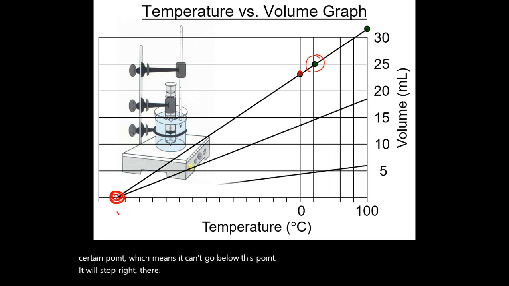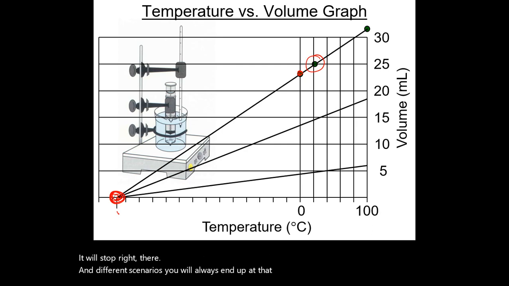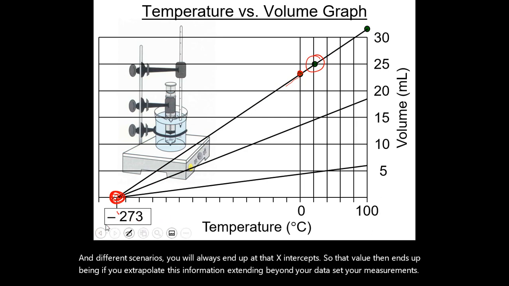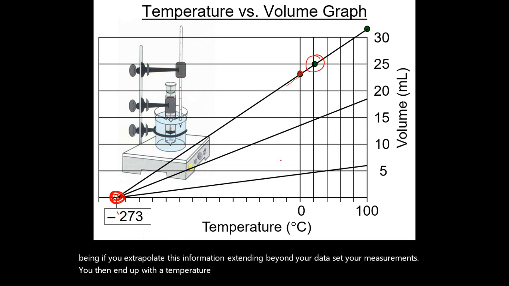And in different scenarios, you will always end up at that x-intercept. So if you extrapolate this information, extending beyond your measurements, you end up with a temperature that is called absolute 0, that it can't go below.